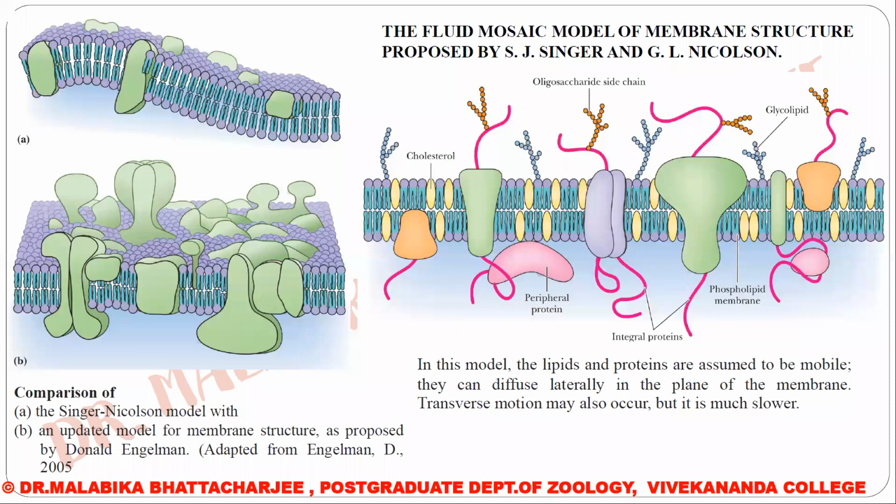Carbohydrates are also present in the plasma membrane, anchored either to the phospholipids, in which case they are glycolipids, or to the proteins, in which case they are glycoproteins.